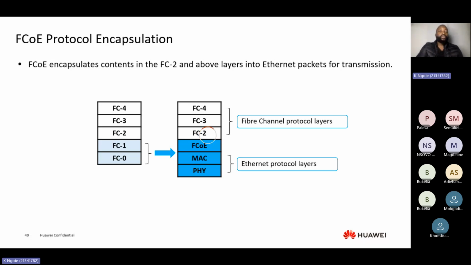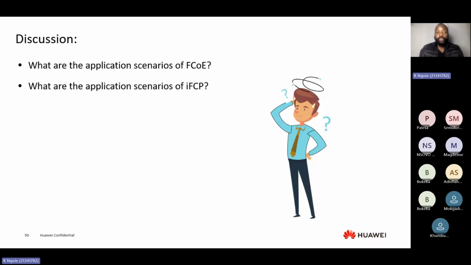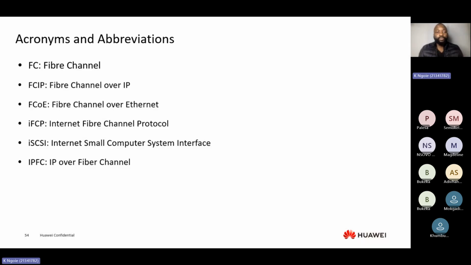Okay, so we have a few terms, or abbreviations, that are very important, because we used a lot of terms. Just to remind you, these acronyms and abbreviations: FC is the fiber channel. I'm sure many of us are already using fiber in our home, right, for faster internet.